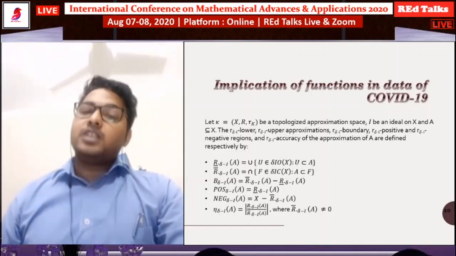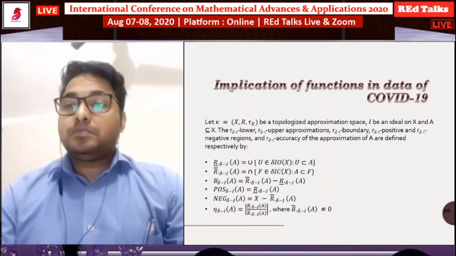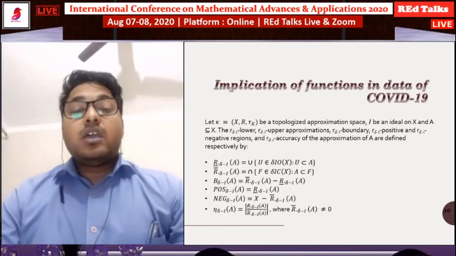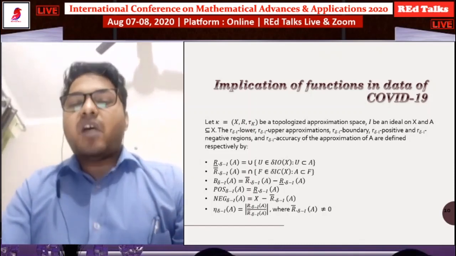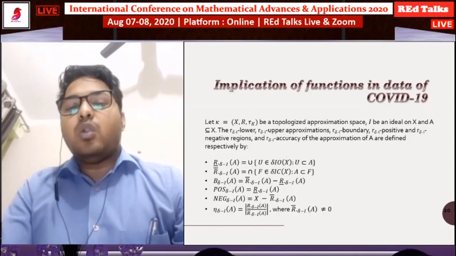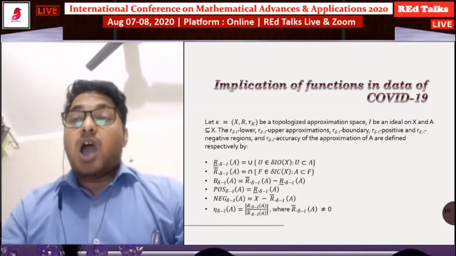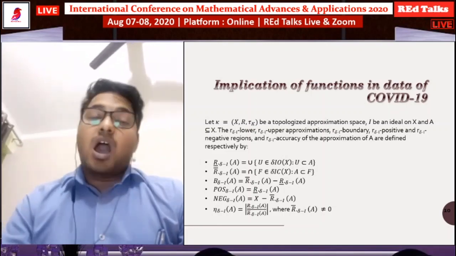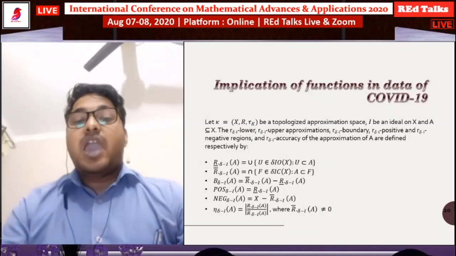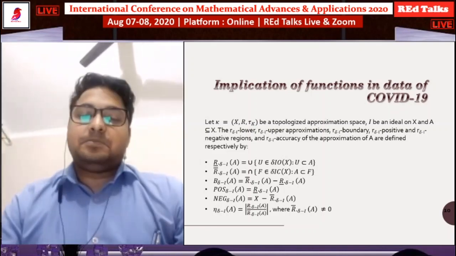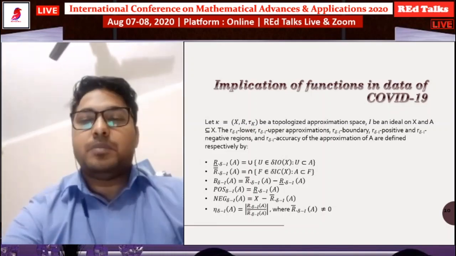Here we are talking about an ideal topological space, so we should also consider an ideal I on X and a set A which is a subset of X. Basically, we will define the Rδ_I lower approximation, upper approximation, positive region, boundary region, negative region, and Rδ_I accuracy. For that, we need a subset A, which is non-empty.